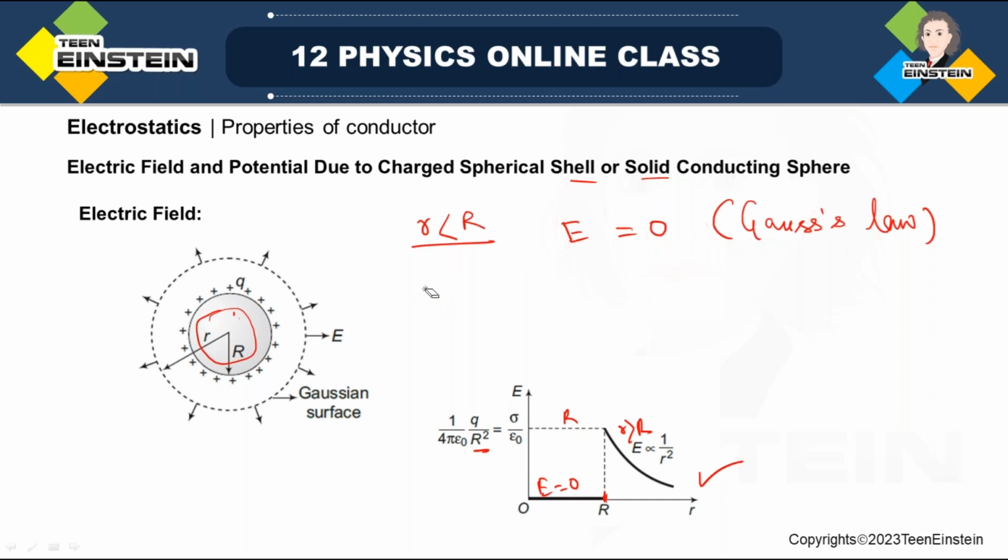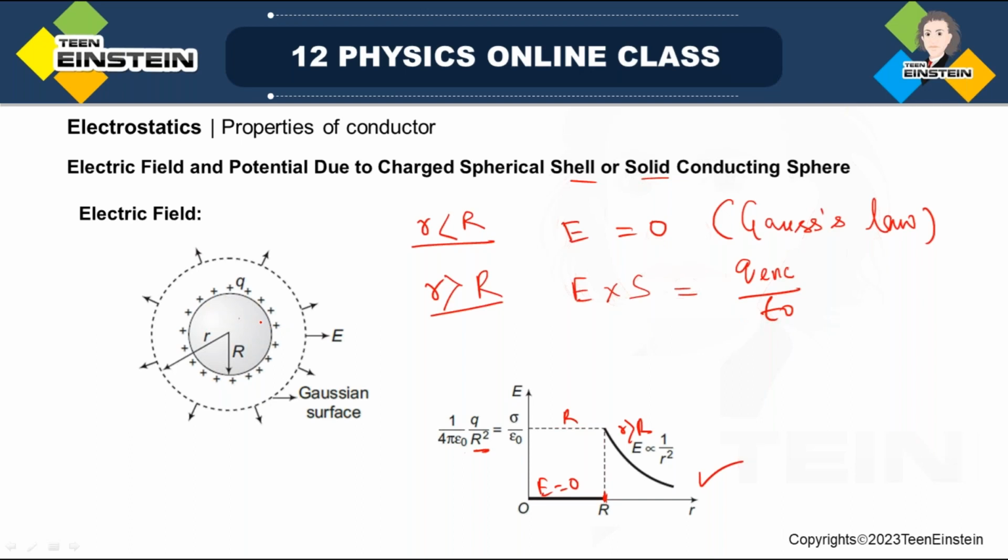The second point is the electric field at any point outside the shell. That is shown in this figure. If I draw a Gaussian surface of radius small r, which is greater than capital R, the radius of the spherical shell, then applying Gauss's law, we can write E dot dS on the left hand side, which is the flux through the Gaussian surface, and this is the charge enclosed divided by epsilon 0.